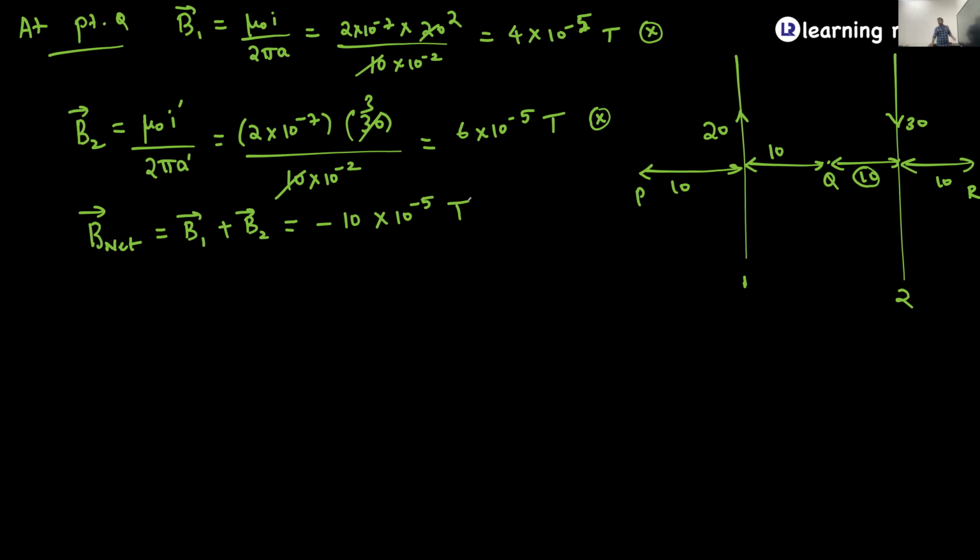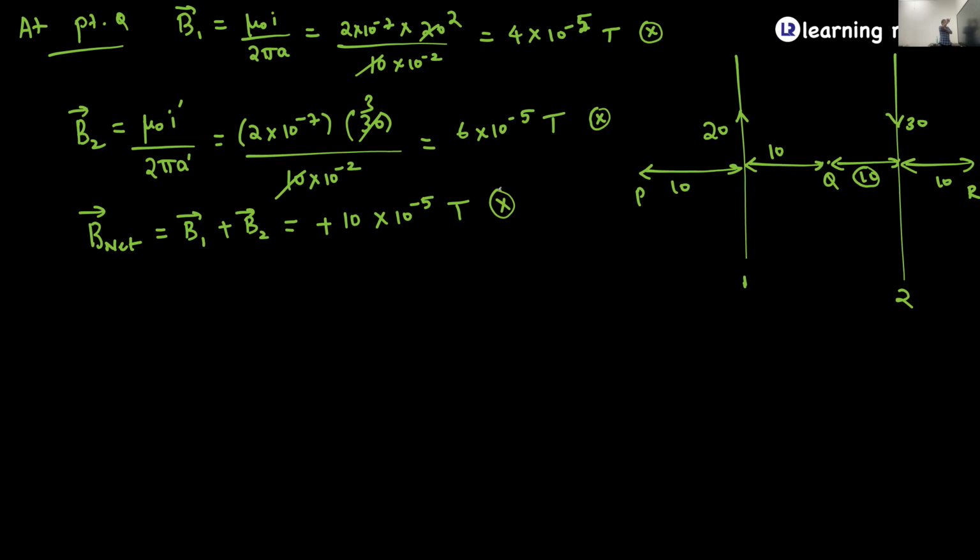Here I put the minus sign because it is into the plane. Either you can write the answer like this, or you write 10 into 10 power minus 5 Tesla and put an into mark here. This is the magnitude, this is the direction. That's what they asked in the question, no? Find the magnitude and direction. So the resultant magnetic field is into the plane.